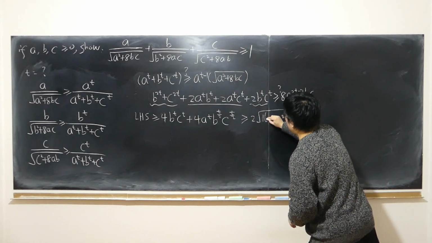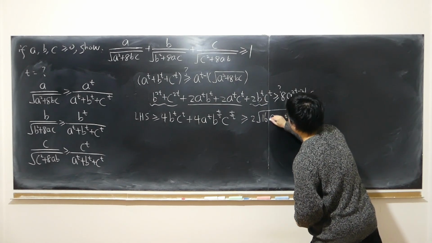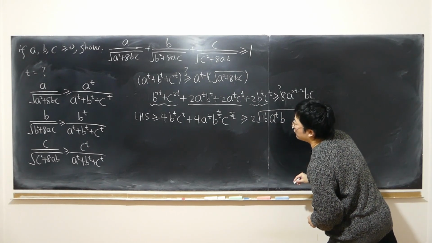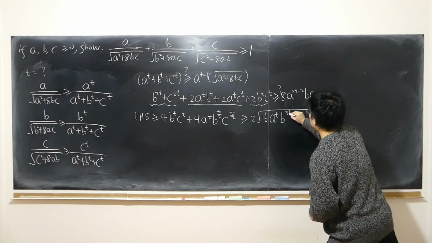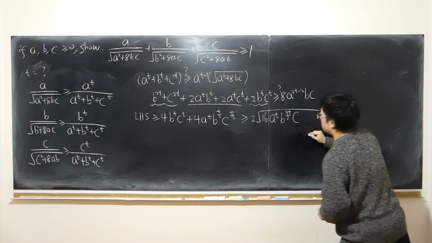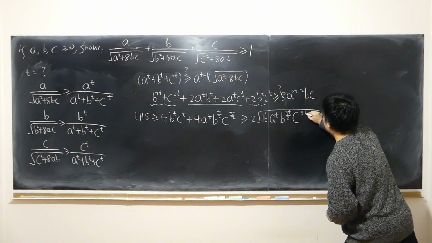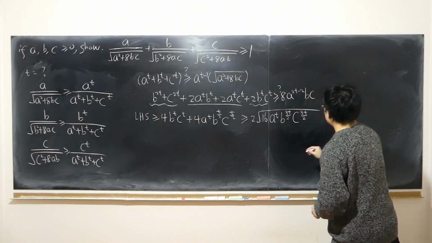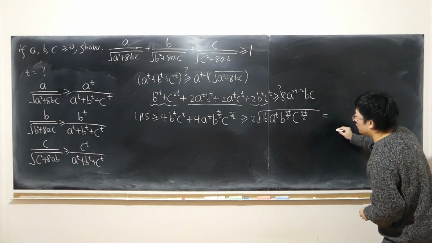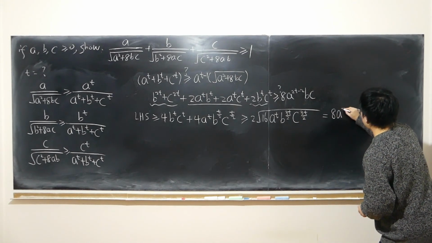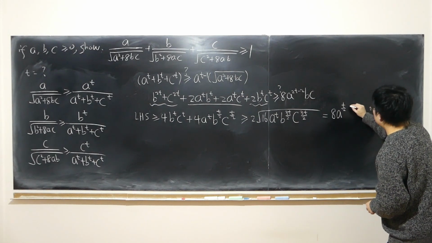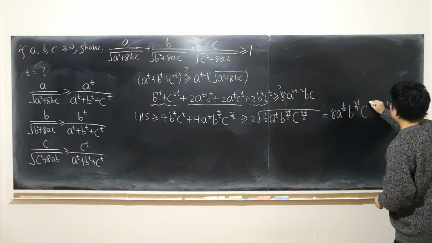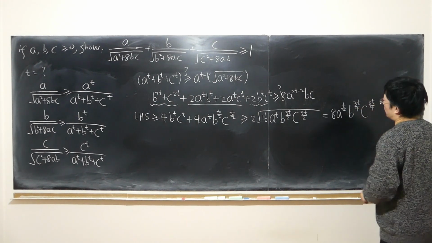So 16 times a to the t, b to the t plus half t, 3t over 2, and c likewise, 3t over 2, if I'm correct. So that is 8 times a to the half t, b to the 3t over 4, c to the 3t over 4.